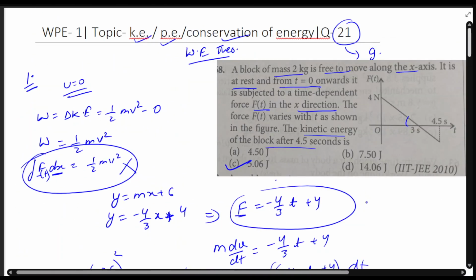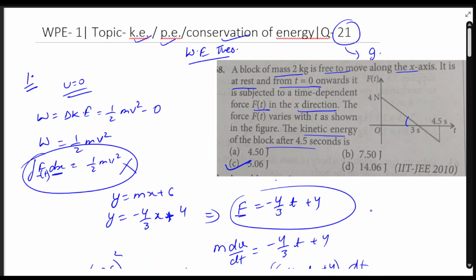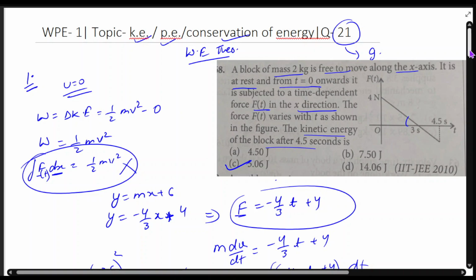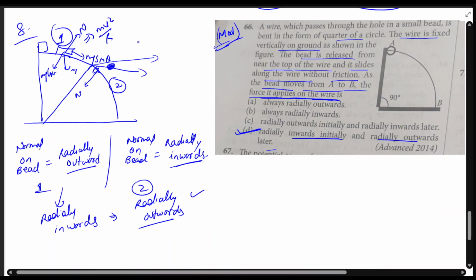So I think we have discussed all the questions here. If we are left with any question, we'll discuss it in the next. Right? So this question is from work power energy. So, no, it's a normal question. It's just a force question, right?